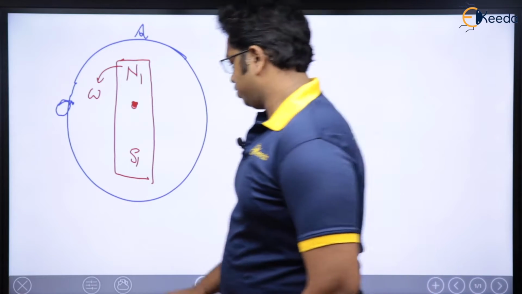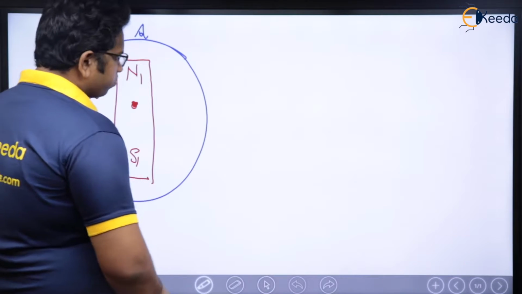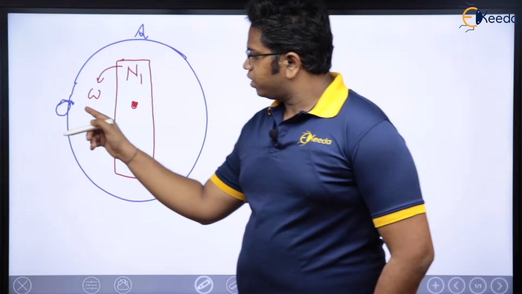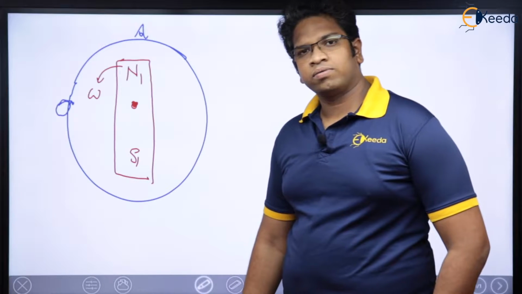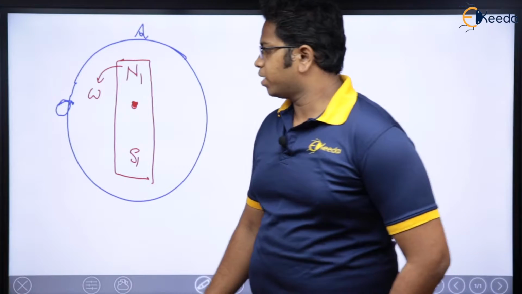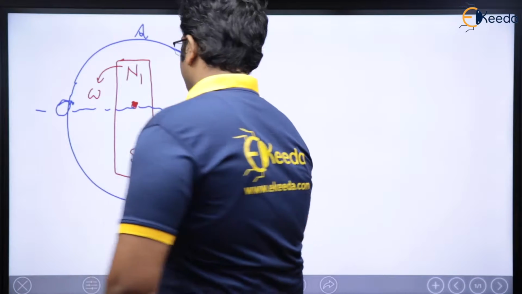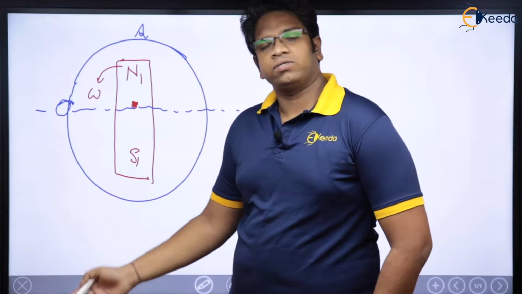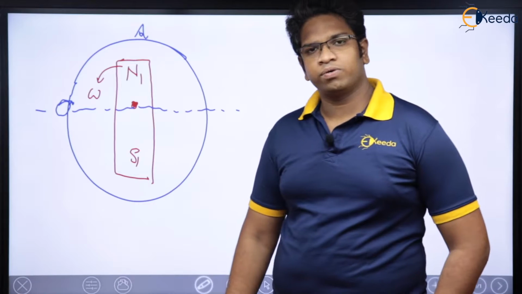Now you please tell me, as of now, how much is the induced voltage here in this particular stator conductor? 0. As of now, induced EMF here is 0. Why? Because this is interpolar axis. This is lying in interpolar axis, right? Here, the flux density is going to be 0. That is the reason why, as of now, induced EMF here is 0.